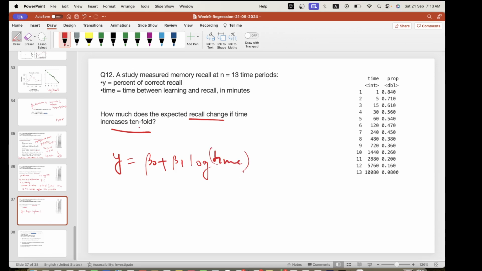So a tenfold increase in time means, what is the effect this variable is going to have on y? That is beta 1 times log 10.